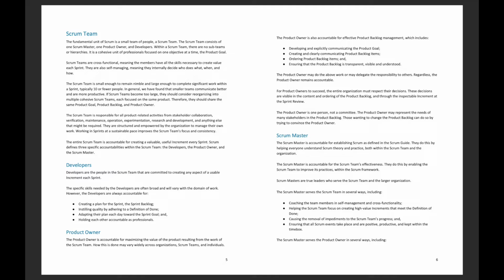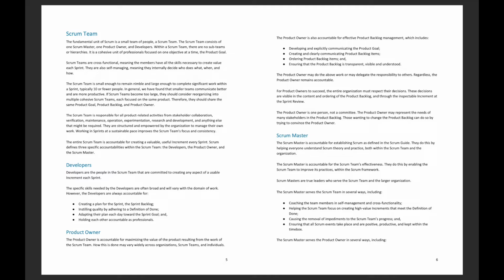The product owner is also accountable for effective product backlog management, which includes: number one, developing and explicitly communicating the product goal. Number two, creating and clearly communicating product backlog items. Number three, ordering product backlog items. And number four, ensuring that the product backlog is transparent, visible, and understood.